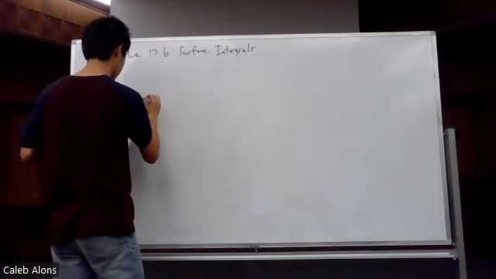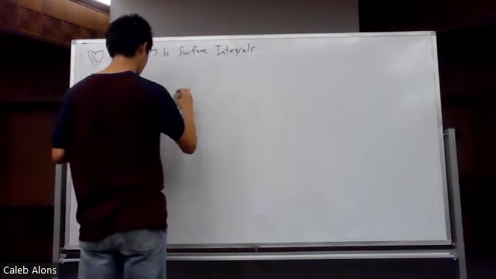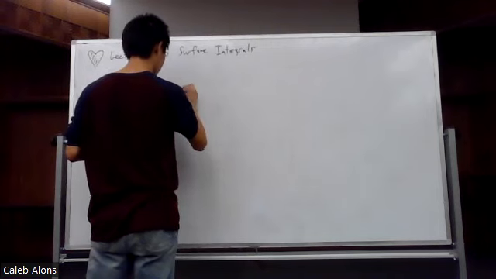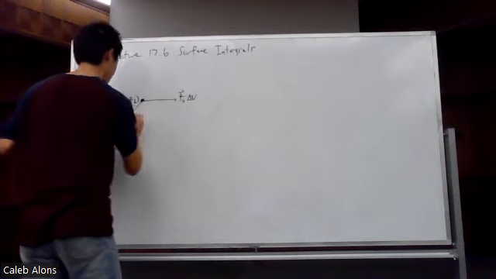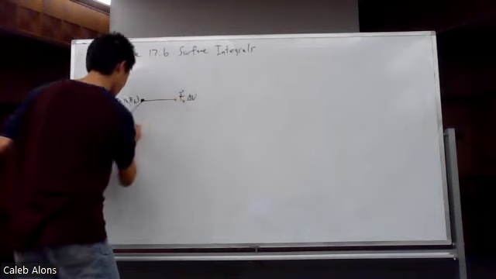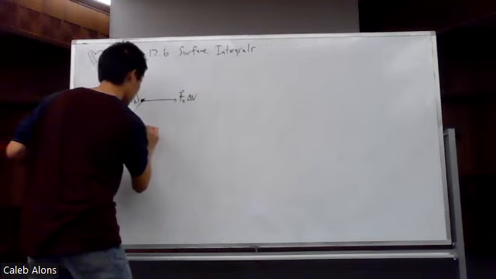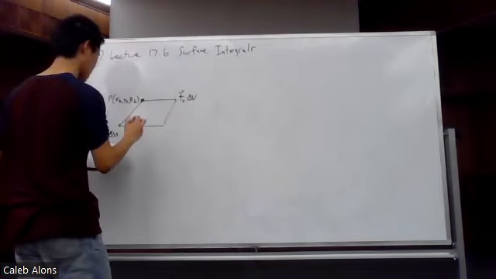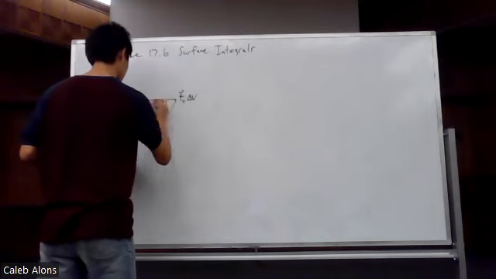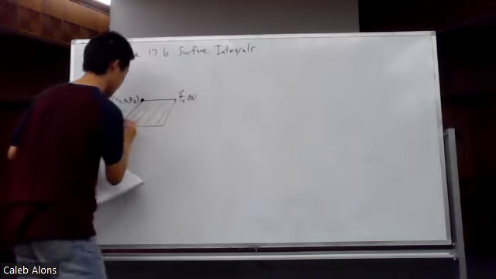And then over here is going to be a vector T sub v delta v. And then that's going to produce the bounds for essentially this patch that we have here. So here's the patch of surface area.